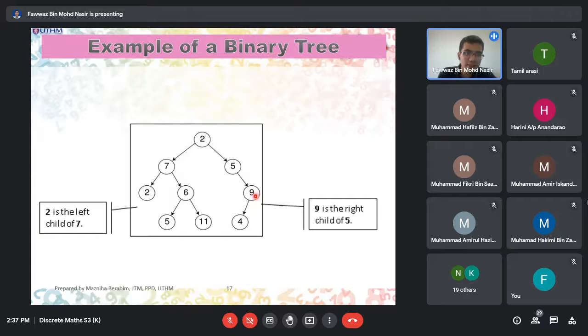Contohnya dalam case ni sebab dia is positioned on the right hand side of 5, so 9 is the right child of 5. Okay, 4 is the left child of 9. Okay, so kita boleh categorize the children of the binary tree based on where it is positioned, whether on the left or the right hand side.